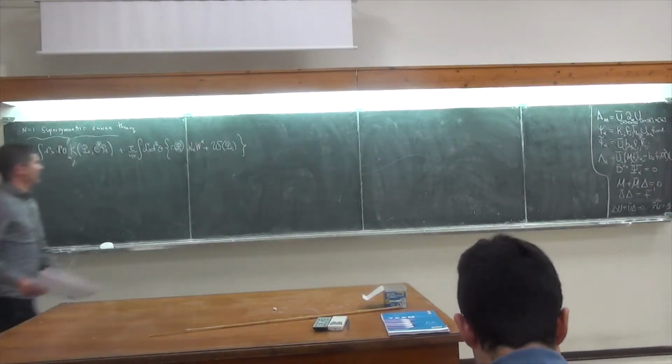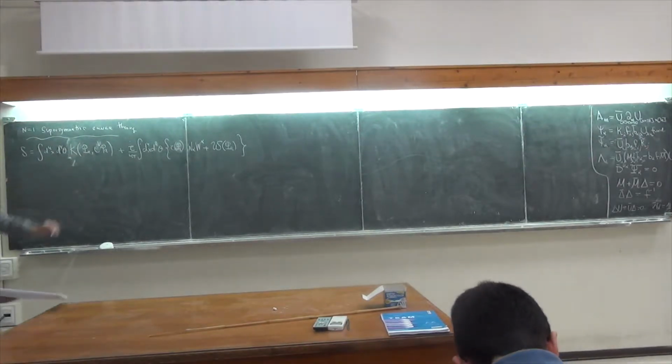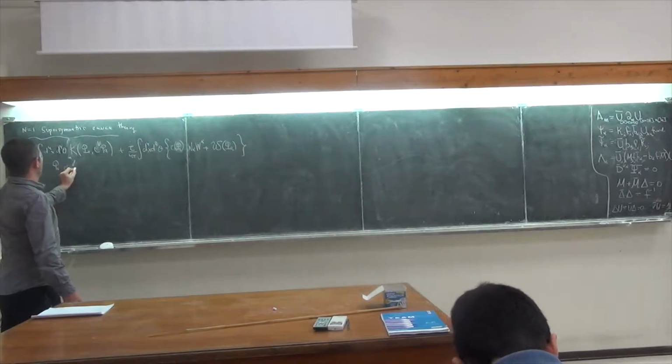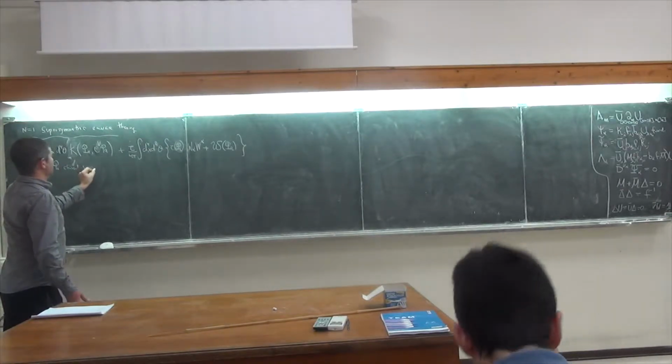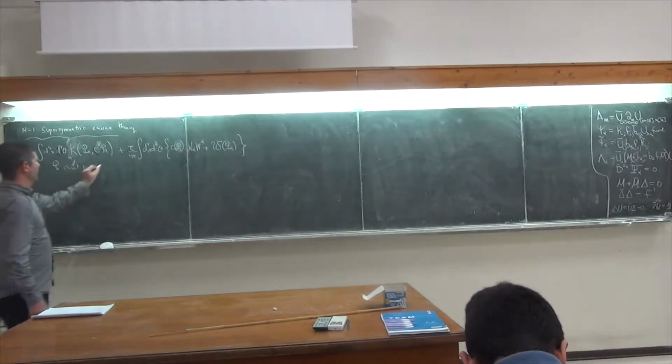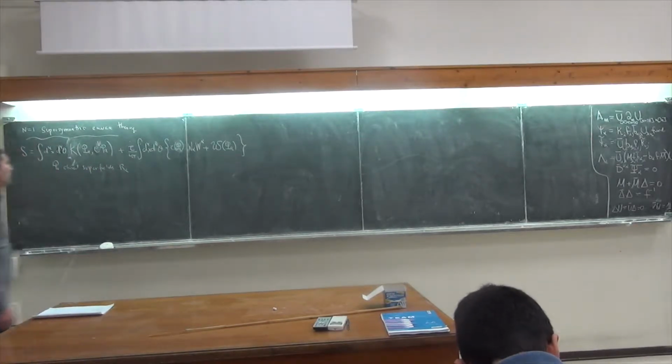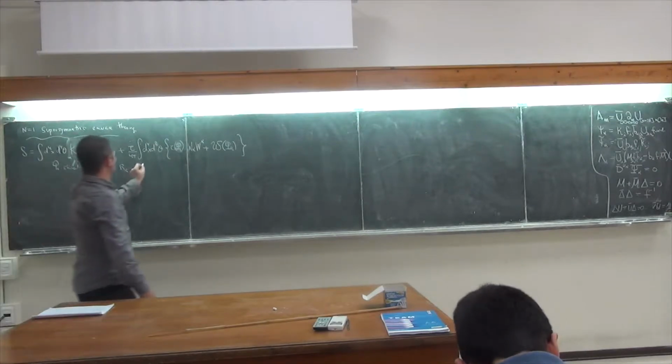Therefore, the most general, given a set of chiral fields, phi A, which are chiral superfields in some representation, and V is a vector superfield.